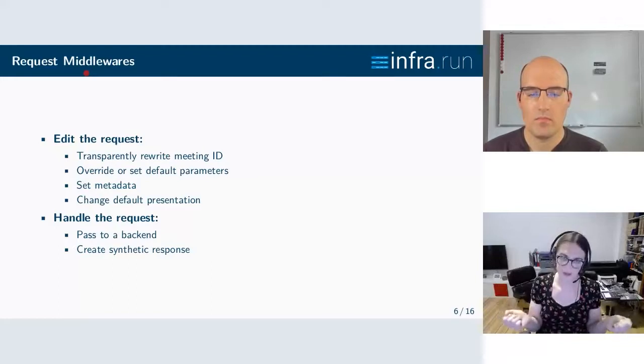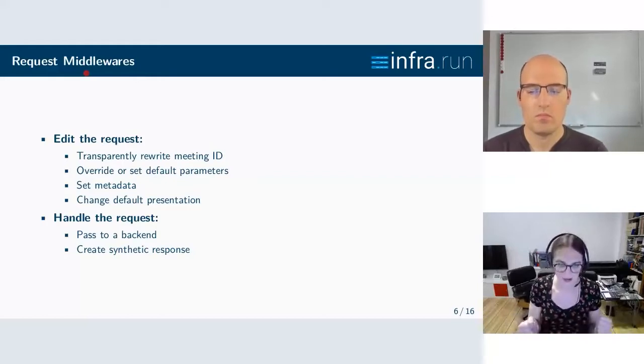We have, for example, this feature now where we can say, okay, for this front end, when a create meeting request is coming in, we replace, for example, or override certain parameters, like, for example, disabled features or for example, the logo and so on. And we provide this feature in two ways, basically by overriding the parameters or setting default parameters in case the front end does not provide them directly. So we're quite flexible on this part.